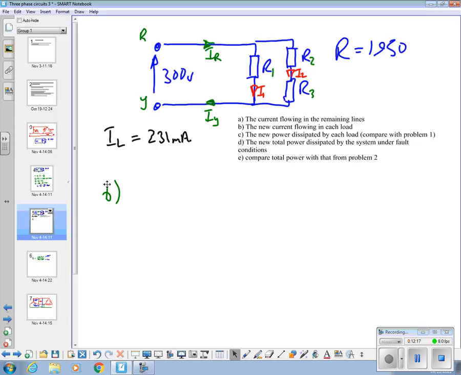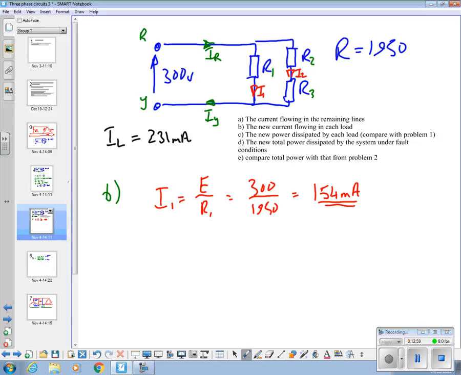So how do I calculate the current I1? By Ohm's law, that's E over R1, 300 over 1950, 154 milliamps.